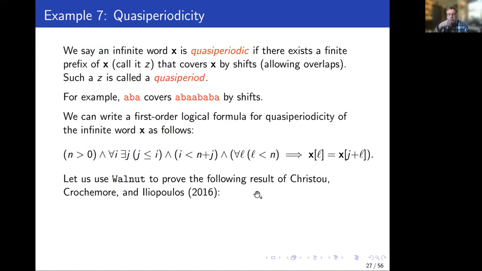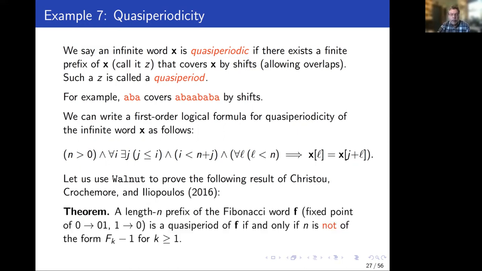And there was a paper of Christou, Crochemore, and Iliopoulos in which they proved, more or less, that a length-n prefix of the Fibonacci word is a quasi-period of the Fibonacci word F if and only if n is not of the form 1 less than a Fibonacci number. So we can prove this. Let's see how we would do this in Walnut.